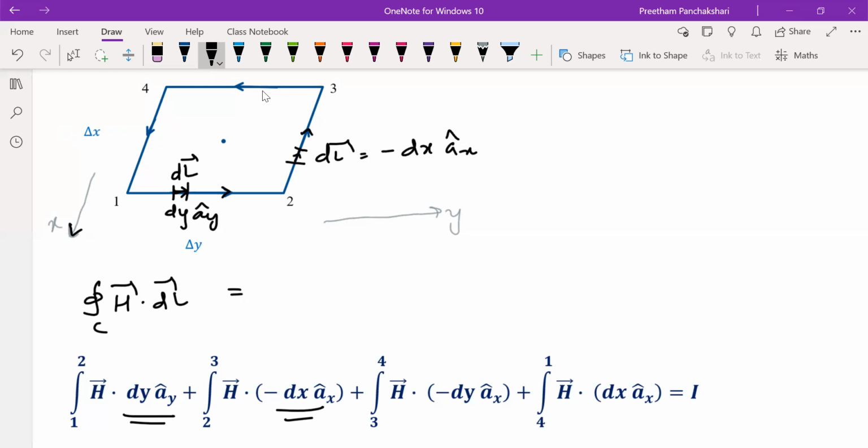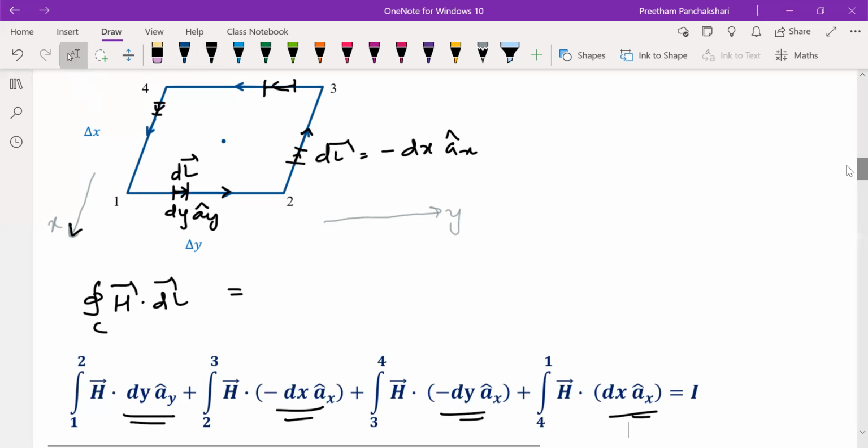Similarly, for path 3 to 4, the dl goes this way, and this is parallel once again to the y-axis, but opposite to the y-axis. That's why it is going to be minus dy ay. The last path is exactly oriented in the positive direction of x, that's why it is dx ax. So the closed loop integral of H is split into 4 open integrations over straight line paths, and the total value is equal to I according to the integral form of Ampere's law.